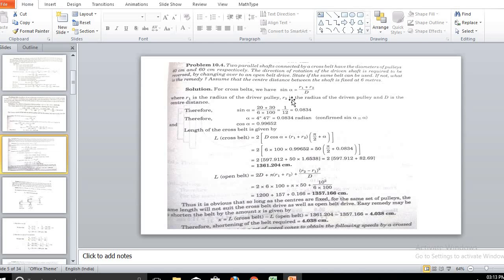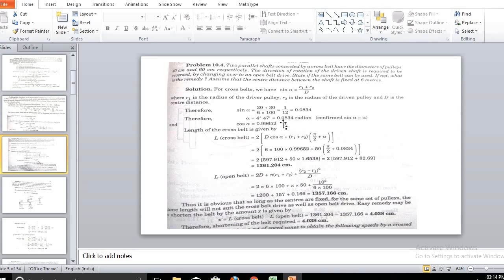Now, to calculate sin alpha, the diameters of the pulleys are given as 40 cm and 60 cm. So R1 and R2 are 20 and 30, divided by 6 into 100. These are considered in centimeters, so the 6 meters is also taken in centimeters. So sin alpha becomes 0.0834, so alpha becomes 4 degrees 47 minutes.